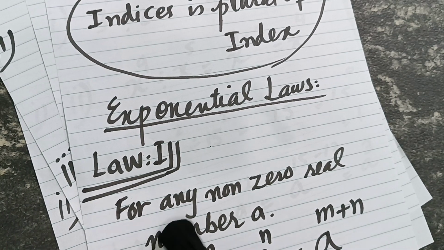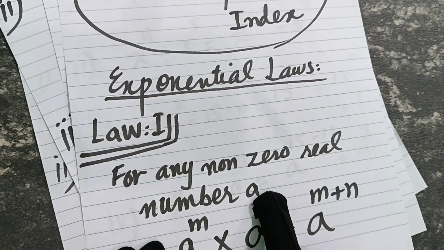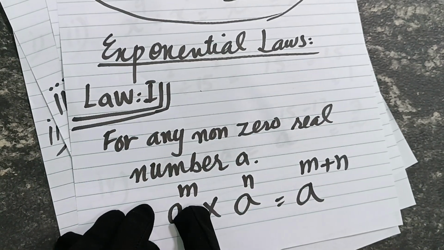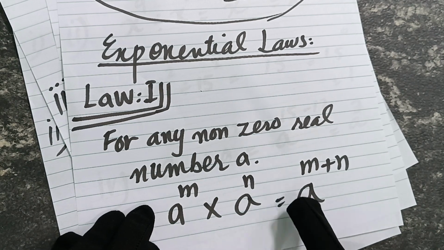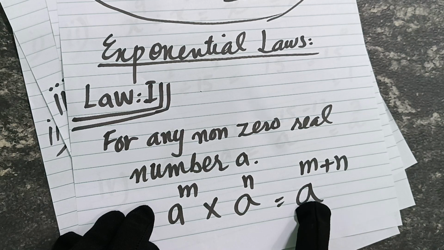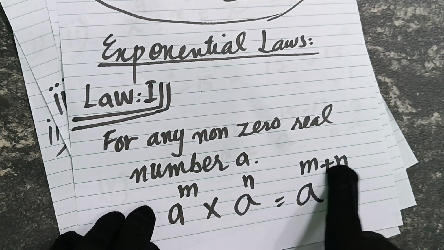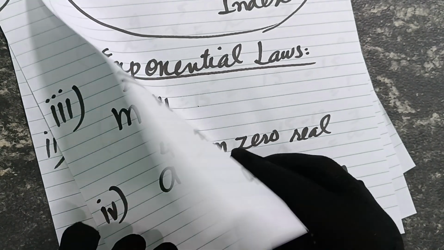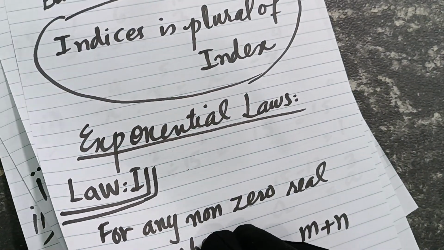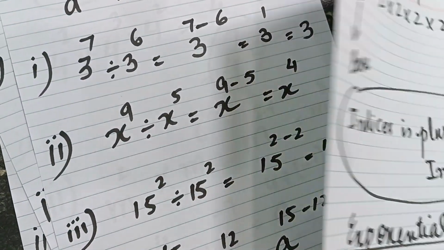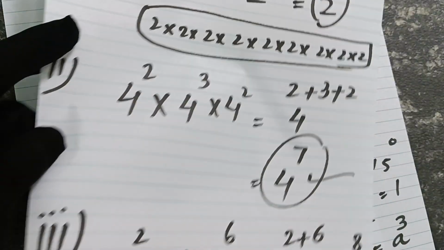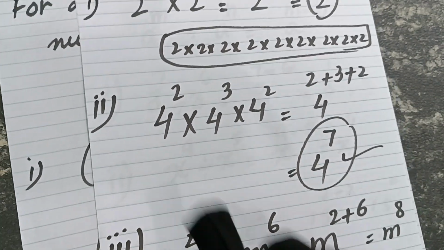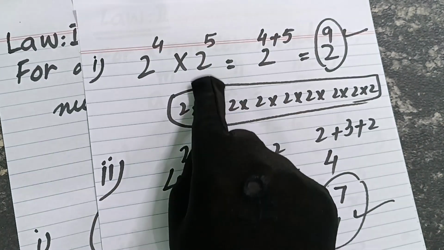Law number 1: for any non-zero real number a, if a to the m power is multiplying the same number to a different power, the base will remain the same and the powers will be added up. We can apply this law on different examples. 2 power 4 multiplied by 2 power 5.